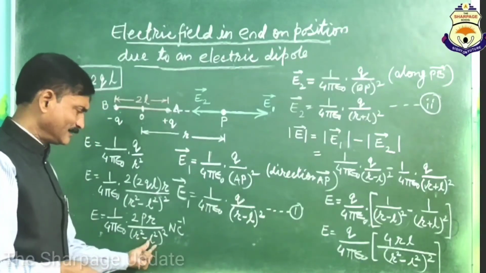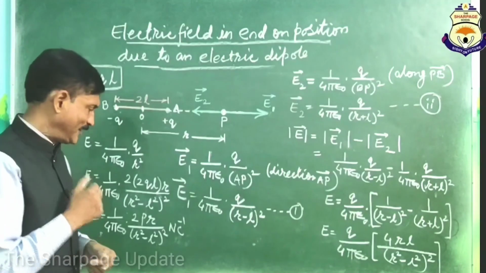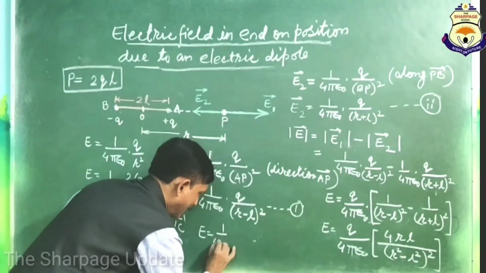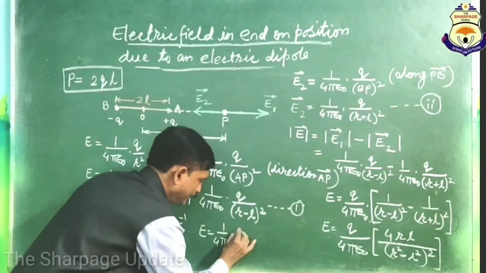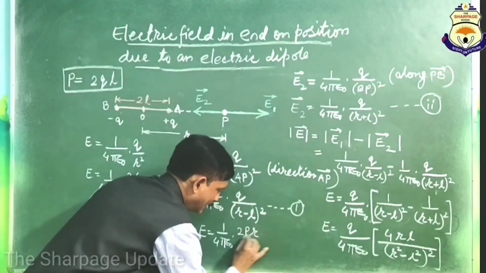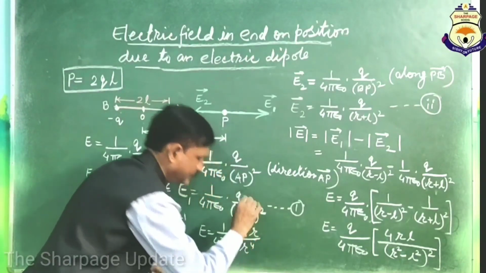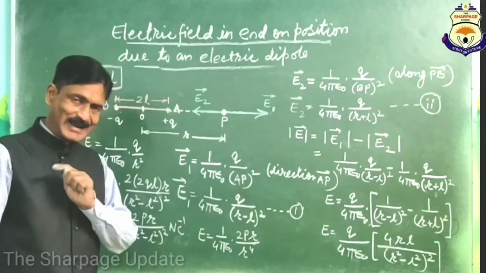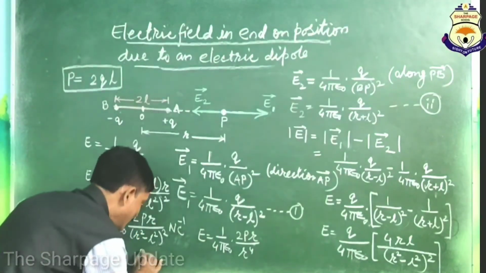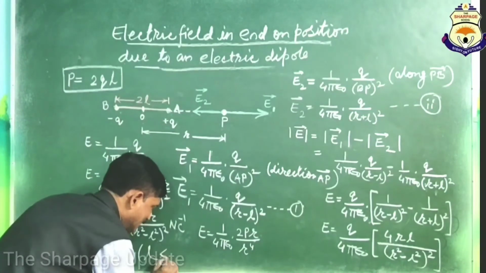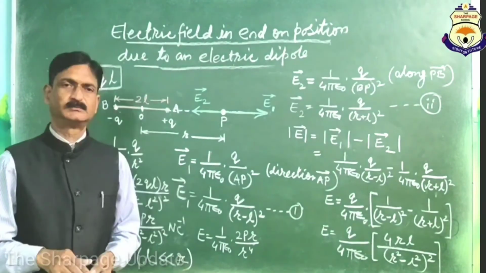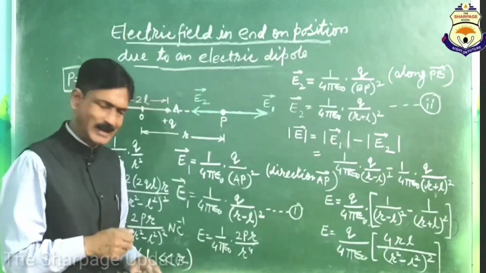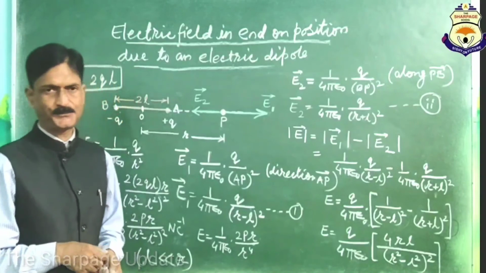So, by neglecting the L square, we get E equal to 1 upon 4 pi epsilon 0 into 2pR upon R to the power 4. Here, the higher power of L is neglected because L is much less than R. So, the value of L square can be neglected as compared to the R square.